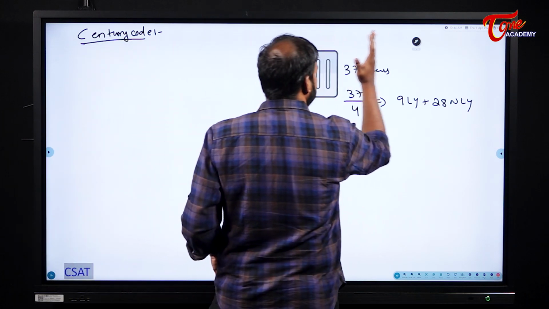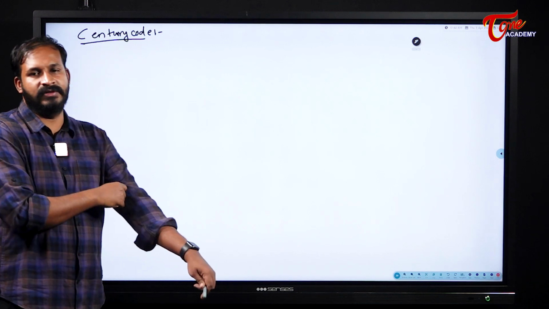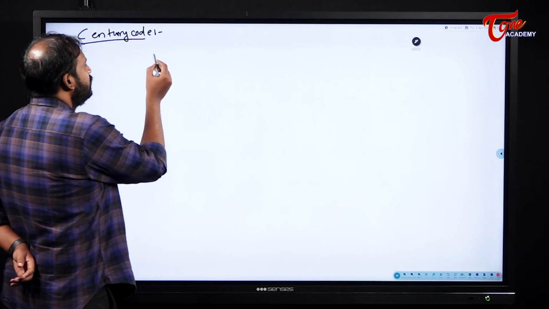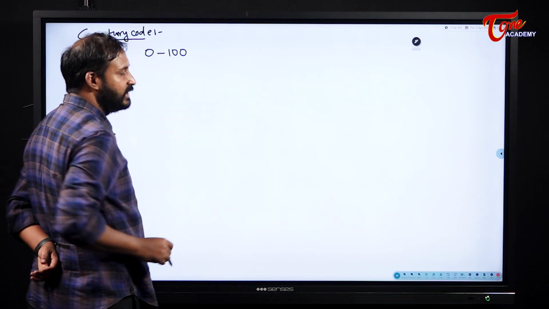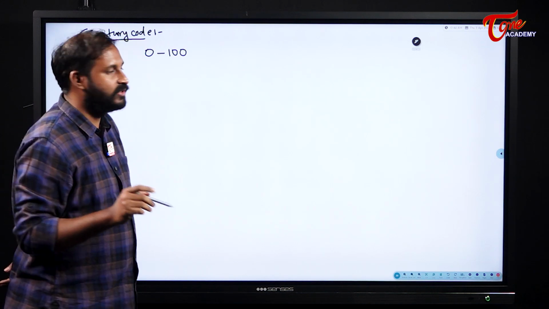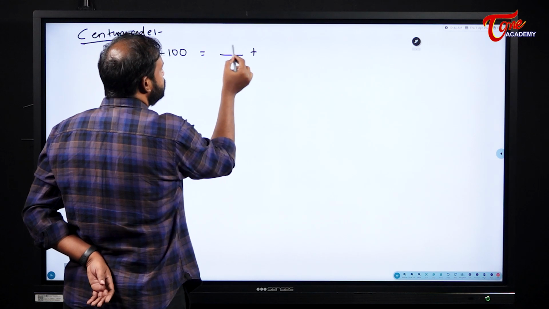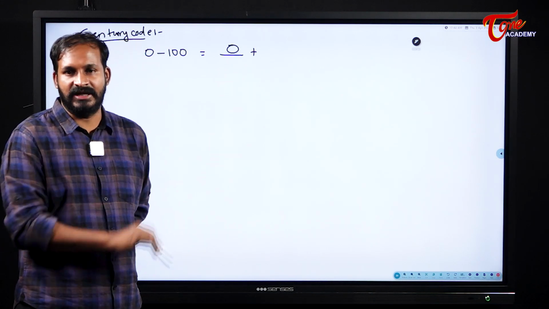Next, now come to our actual concept, century code. How will we solve this? See here students, I will start from the 0th one, 0 to 100 years. Before that, do I have any odd days entering into that century? No, I don't have any odd days. Firstly, I am starting my calendar.